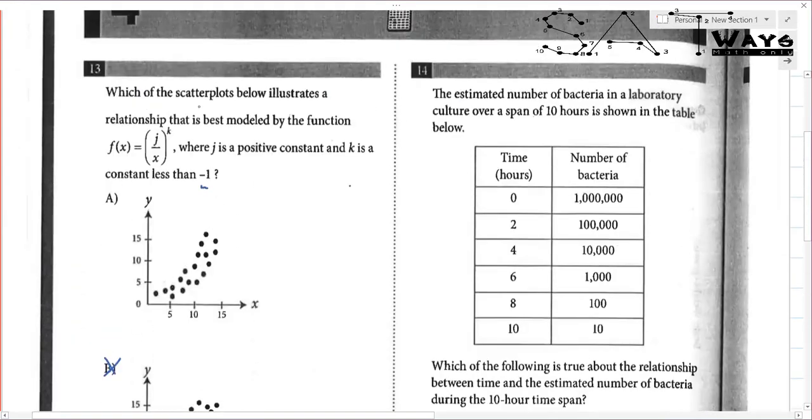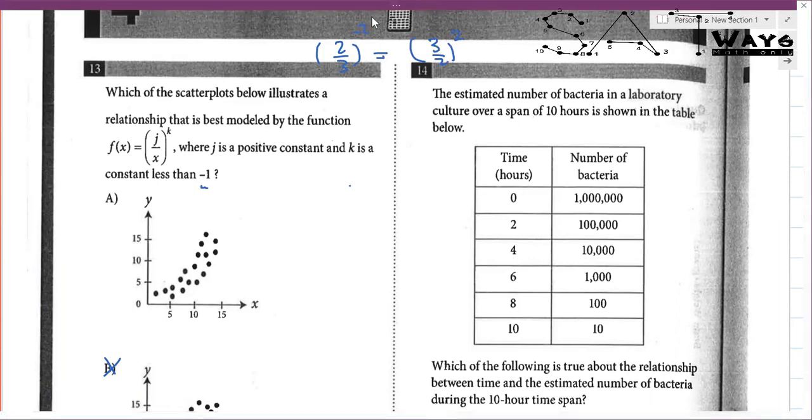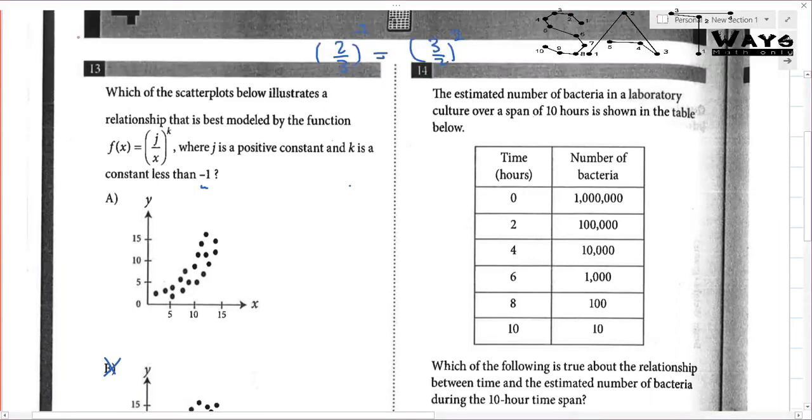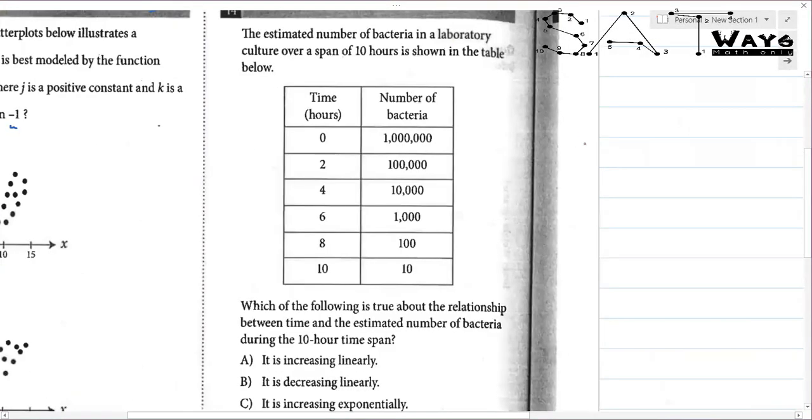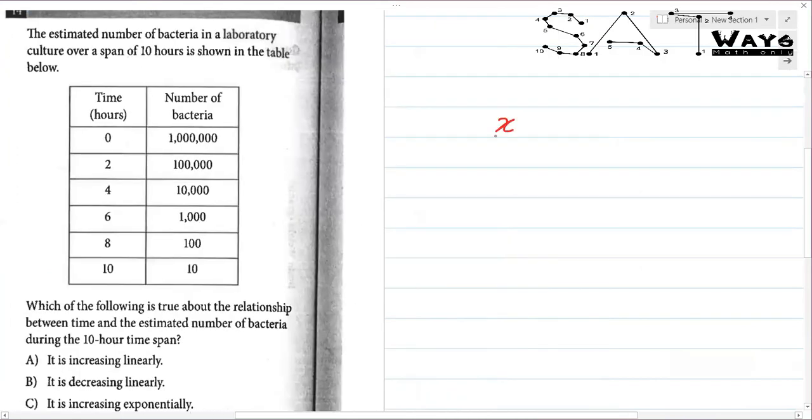All right, let's take a look again. What does the negative power do? Something like 2 over 3 to the power -2 equals the reciprocal, which is 3 over 2, but to the power 2. Look, if I have x over y to the power -2, this is equal to y over x, but all to the power 2.